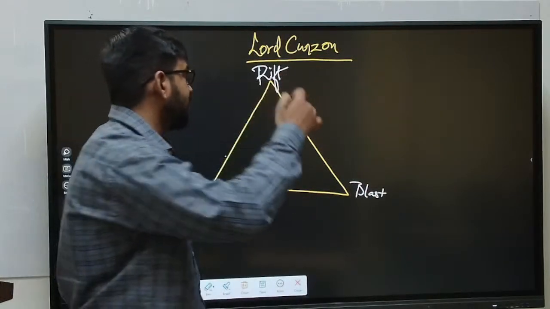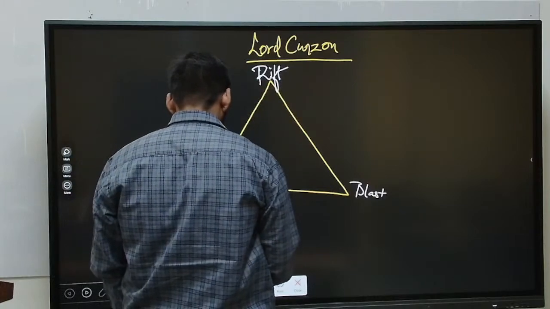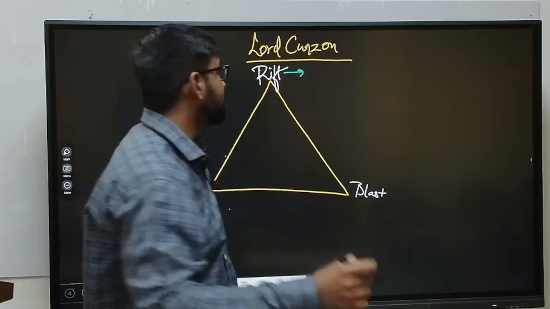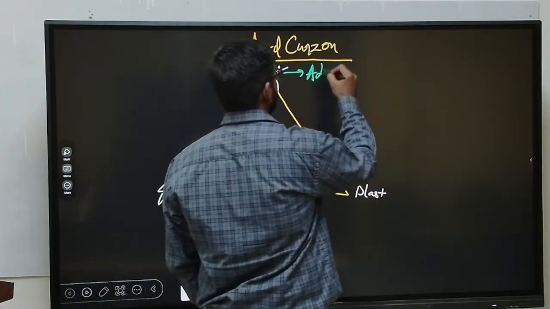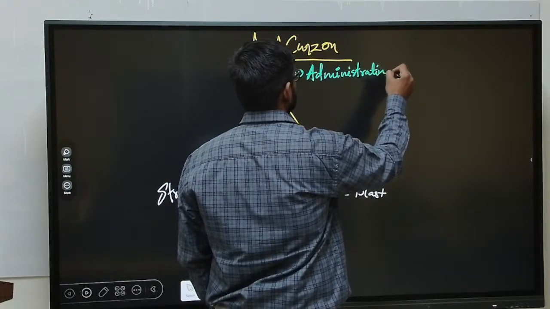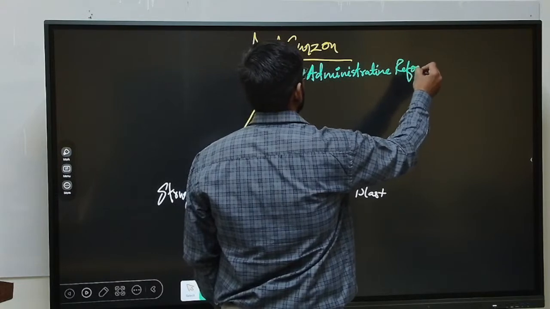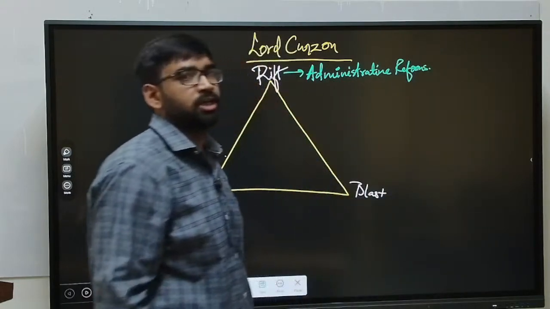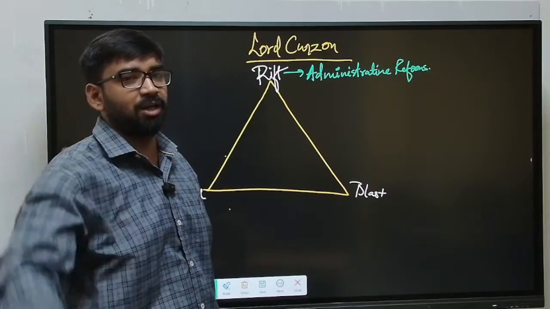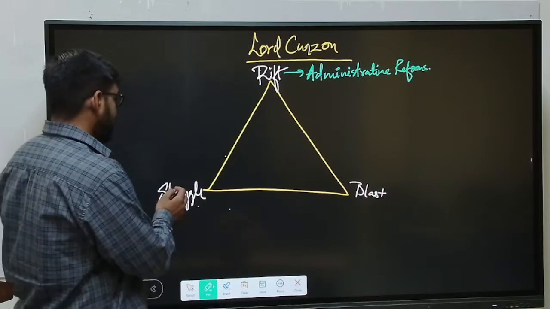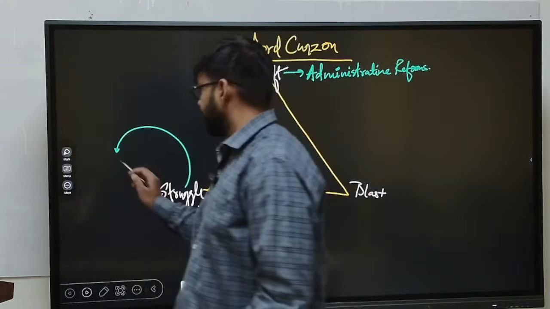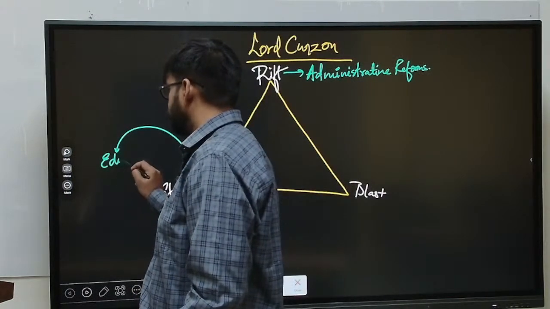Now rift was created by the policies of administrative reforms. So administrative reforms of Curzon created rift among the educated middle class. Struggle. Now this struggle was created by educational reforms.